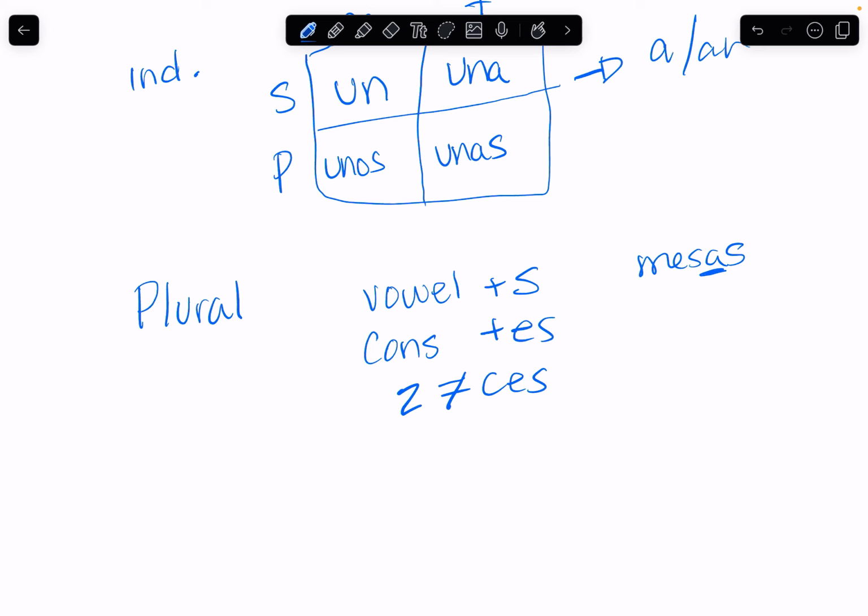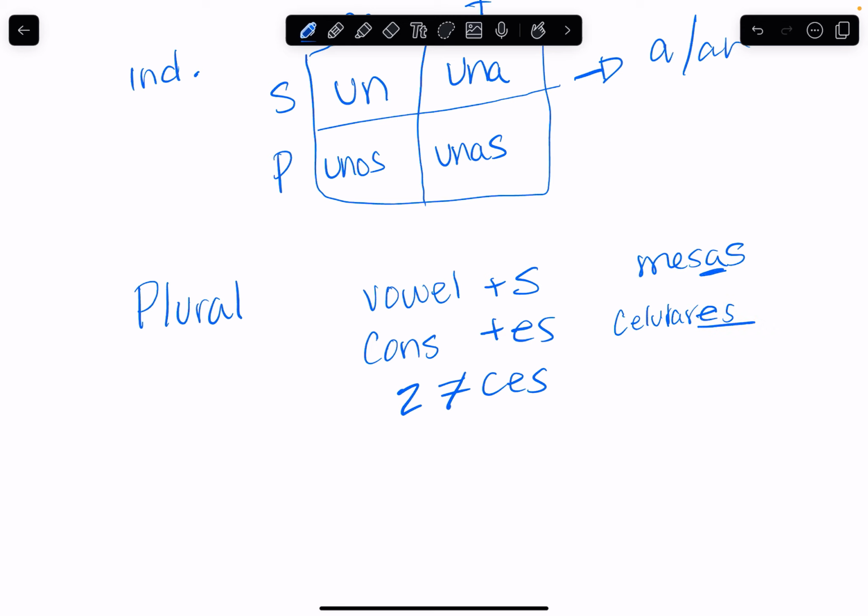Mesas. If I have the word celular, sorry, it ends in a consonant, which is the R. All you have to do is add ES, celulares, to make it plural.